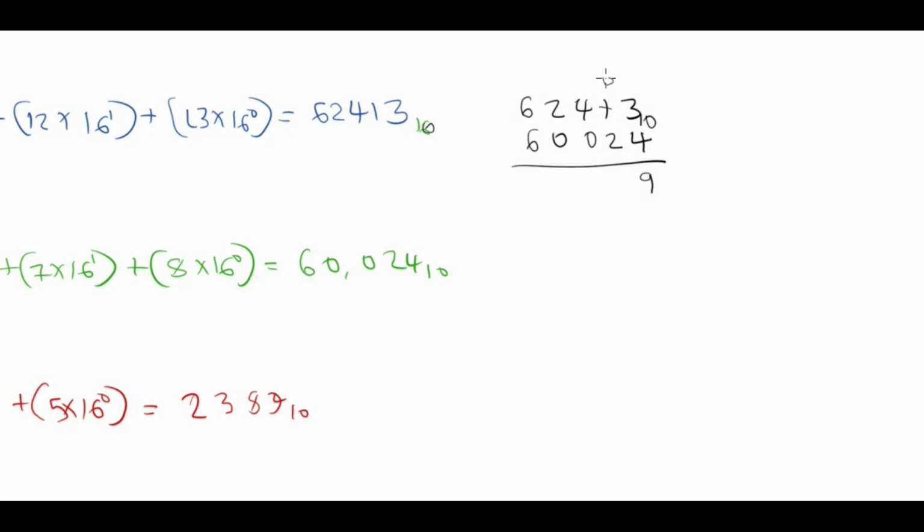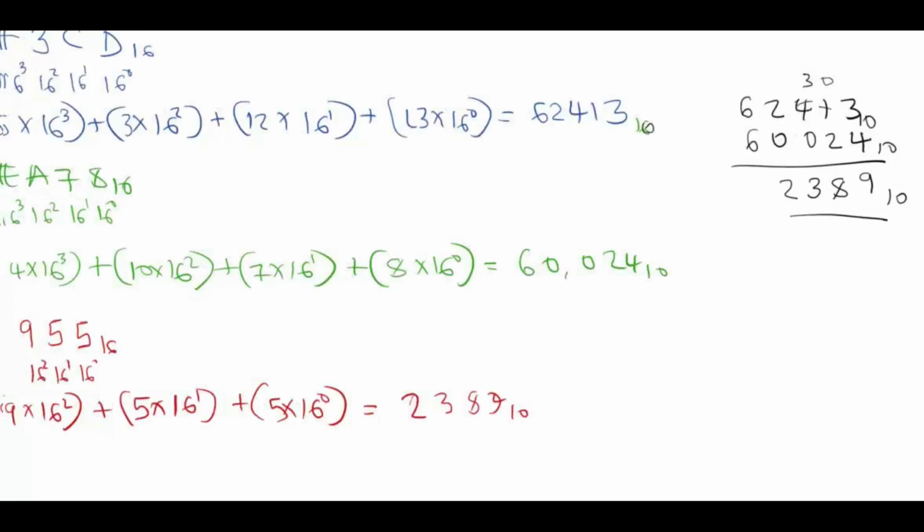You're left with 0, so you carry 1. 10 minus 2 is 8. You're left with 3 there. 3 minus 0 is 3. 2 minus 0 is 2. So 6 minus 6 is 0. So it's 2389 base 10. So we are correct here on our hexadecimal subtraction.